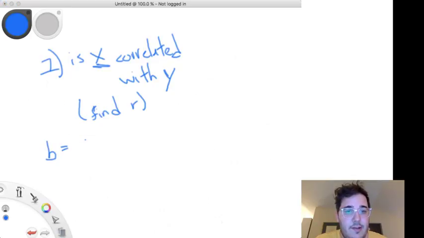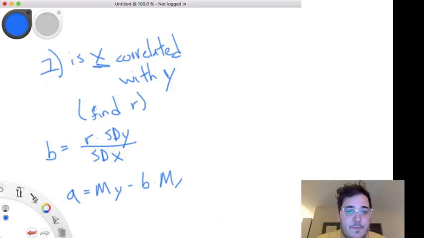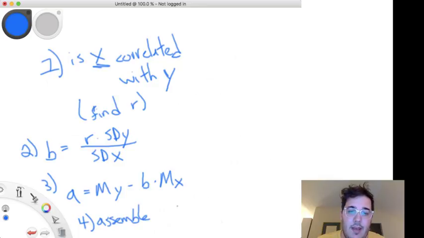It's r times the standard deviation of y divided by the standard deviation of x, and a equals the mean of y minus b times the mean of x. Right, so first you find r, and then you find b, and then you find a. And then you assemble it all together into y equals bx plus a.